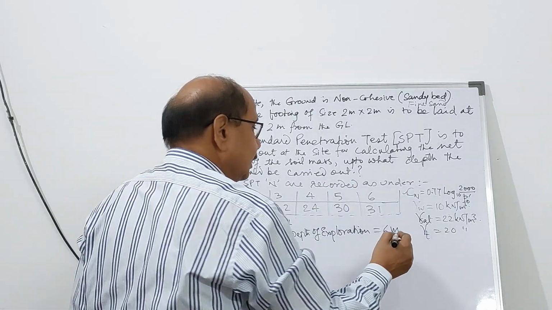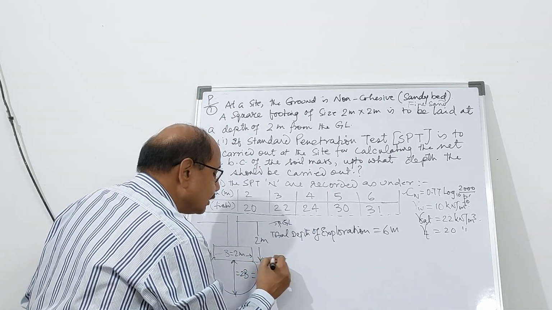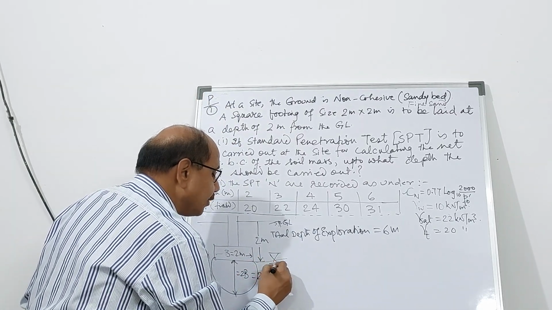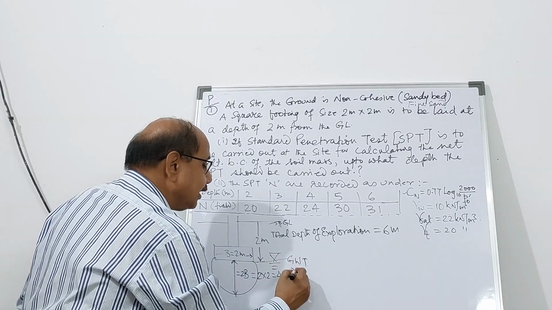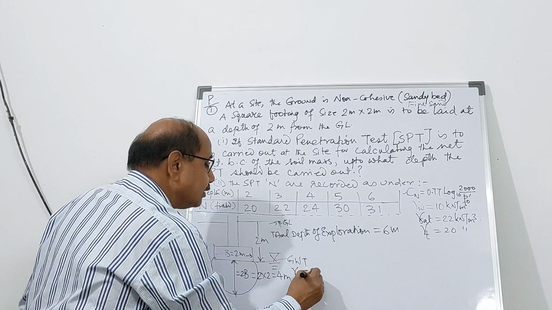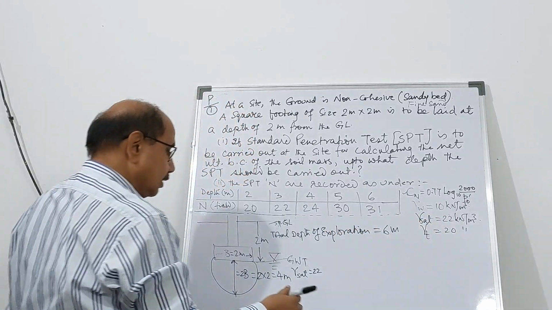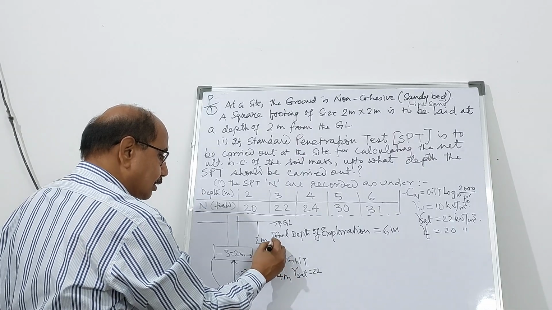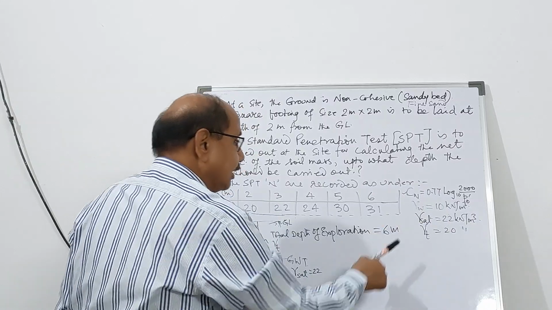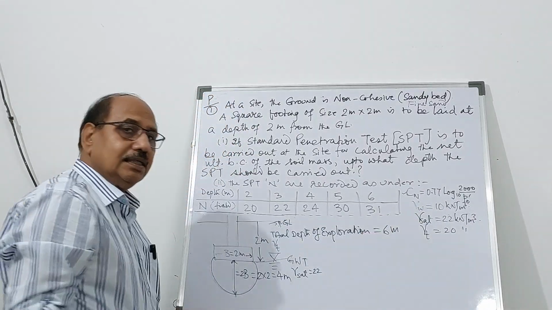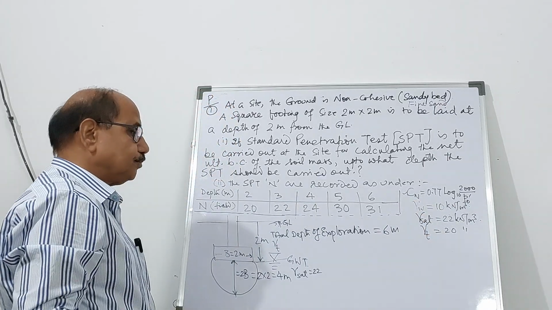And the groundwater table is here, up to the base of the footing. Below this, the saturated unit weight is given to us as 22 kilonewton per cubic meter. And above the groundwater table, gamma T is given as 20 kilonewton per cubic meter, and unit weight of water needs to be taken as 10 kilonewton per cubic meter.